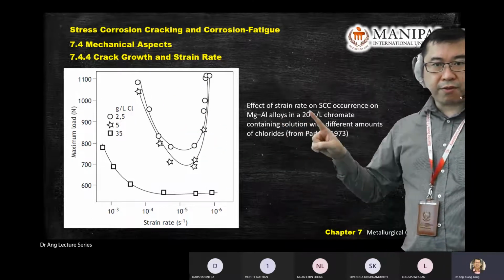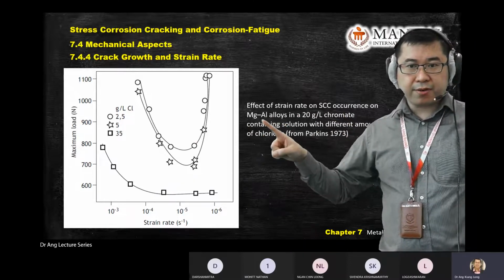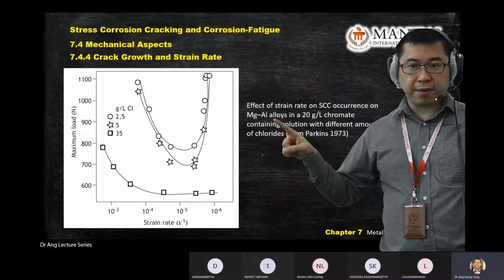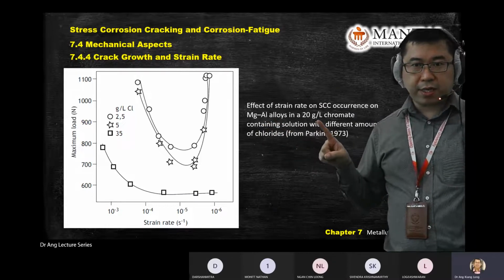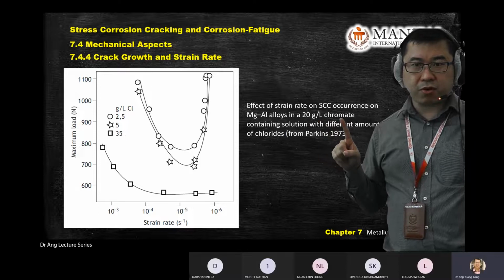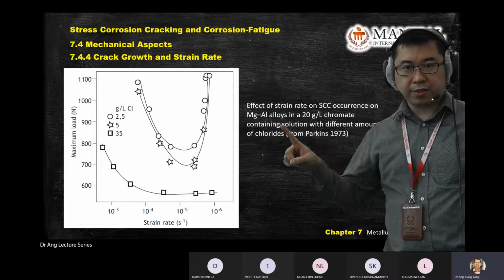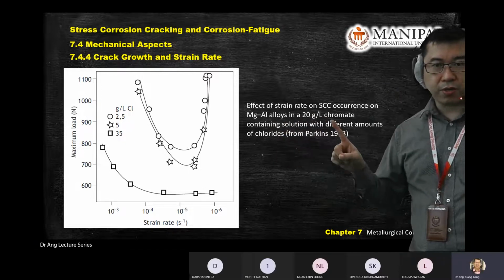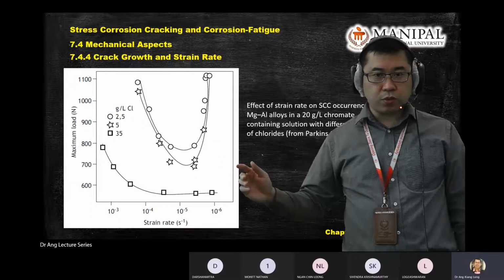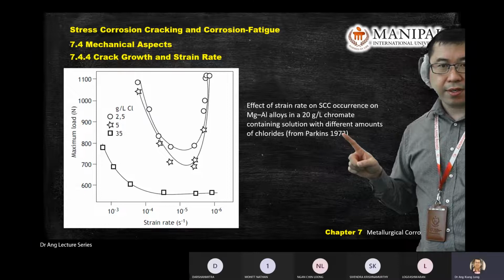So this is the effect of strain rate on SCC occurrence on MgAl, magnesium aluminum alloy, in 20 gram per liter chromate. You dip the alloy into chromate solution, then you test the sample, right?